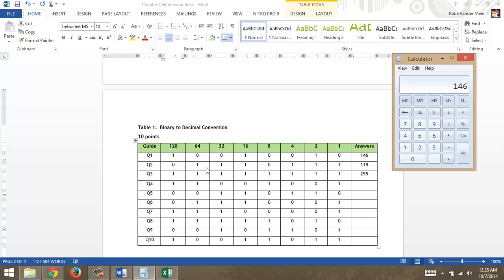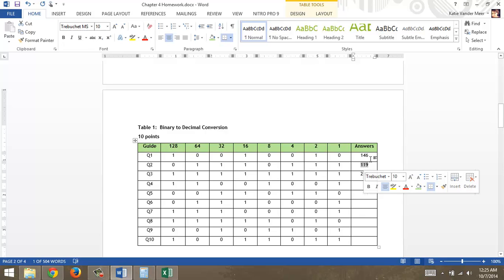Anywhere that there's a 1, we added it up: 64, 32, 16, 8, 4, 2. Did I miss one? Not 8. 64 plus 32 plus 16 plus 4 plus 2 plus 1 is 119, and that's the decimal conversion.